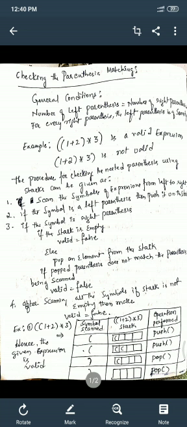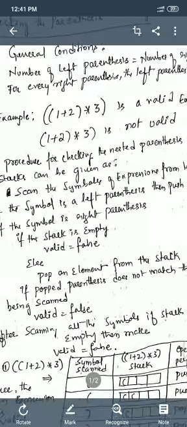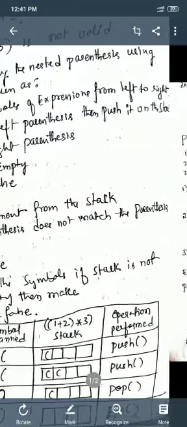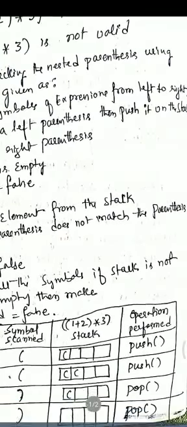Now let us apply this procedure to the given examples of expressions. The first example we have taken is 1 plus 2 into 3. Below this, you could see I have made 3 columns.